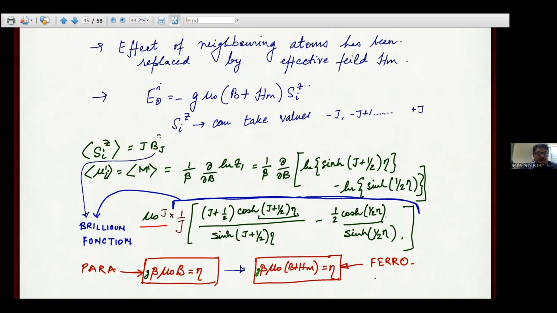Now if you have a non-interacting magnet, the effect of interaction between neighboring spins has been replaced by H_m.